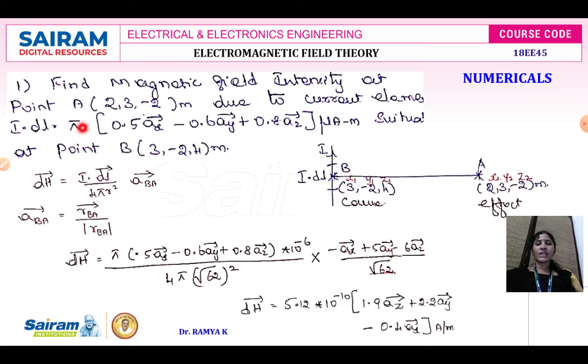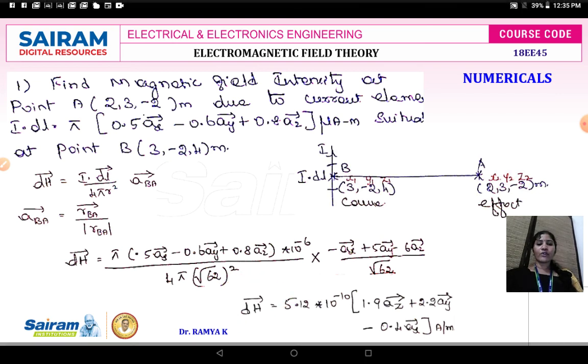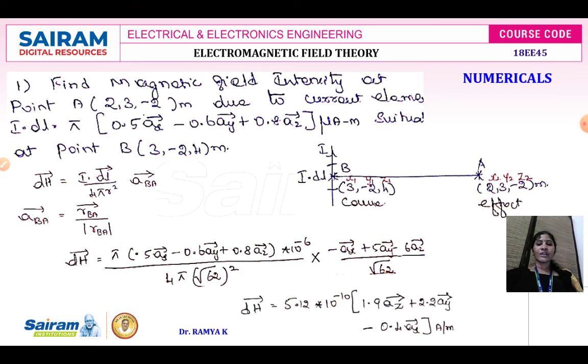I dl is the factor given in the problem, divided by 4 pi r square. After evaluating, you get the differential magnetic field intensity dH equal to 5.12 into 10 to the power of 10 times (1.9 az plus 2.2 ay minus 0.4 ax). The unit for magnetic field intensity is ampere per meter.